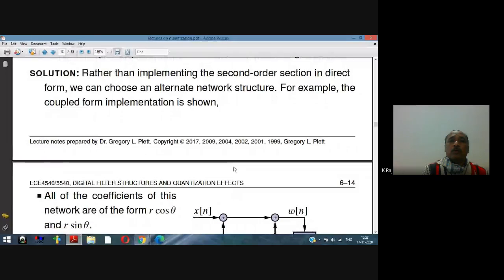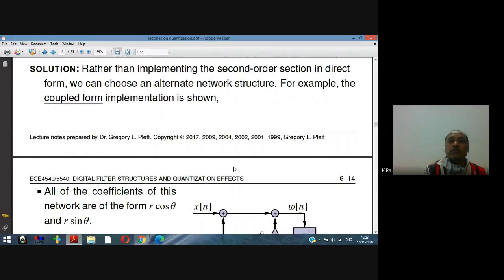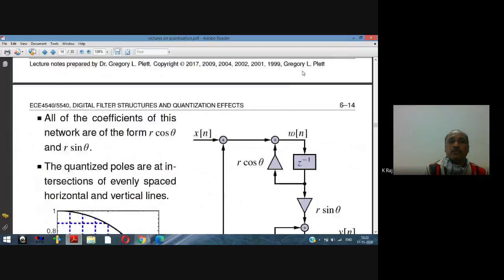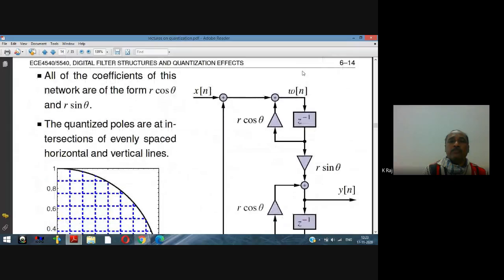Now, what is the solution? Rather than implementing the higher order section directly, it will be broken into first order sections and second order sections, in order to avoid the sensitivity as well as to design a more controlled system.